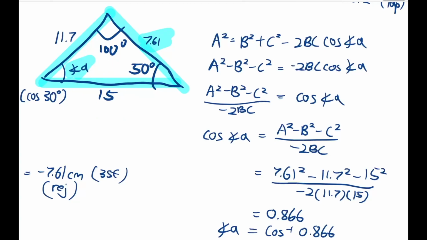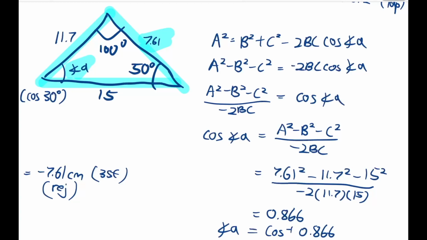But that's all fine and good because remember, the key thing to take note of is that the angle and the length that are opposite to each other must have the same name. But as you go from sine rule to cosine rule, or even like just now, we were using cosine rule to find length, and now we are using cosine rule to find angle, I can change the names again just to use the formula.